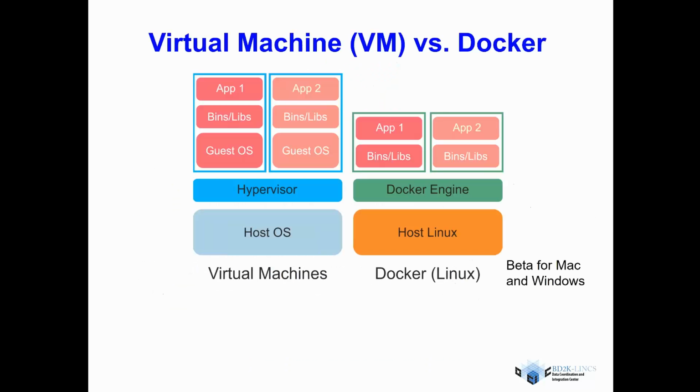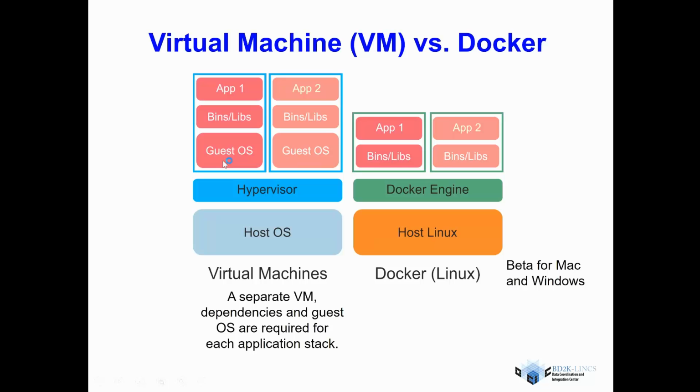So let's just take a look at the differences between a full virtual machine and a Docker container. Basically, on the left we see what would happen if we wanted to have two apps. We'd have to ship two different virtual machines. They'd have to have a complete operating system in each of these, plus all the libraries and dependencies that they need.